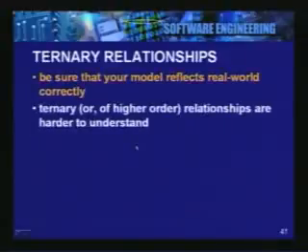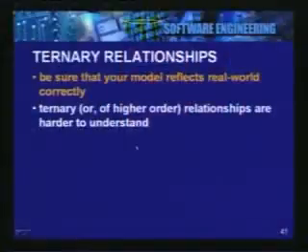Ternary or higher order relationships are harder to understand, and you must verify that the given situation demands a ternary relationship. So, for example, we had taken the example of study earlier, and we had justified that the study relationship should be a ternary relationship involving teacher, student and course, because courses are taught in divisions concurrently. So, here the ternary relationship is justified.